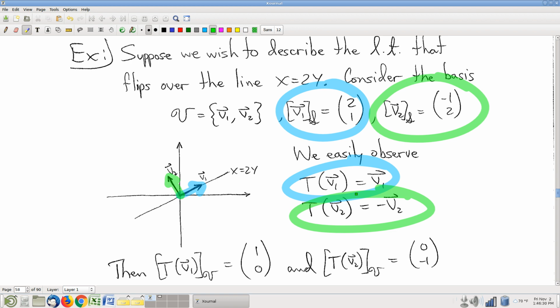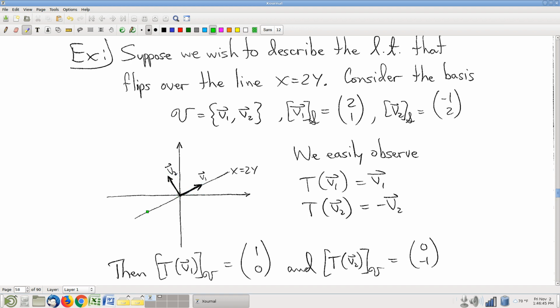Okay, now, another observation. These images of V1 and V2, they're very easy to understand as linear combinations of V1 and V2. So, for example, notice this V1 that I have here. I can rewrite that as 1 V1 plus 0 V2.